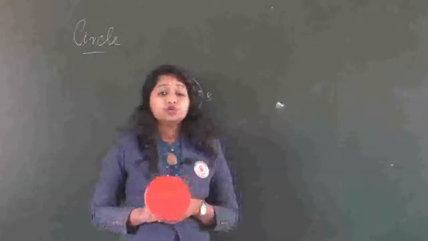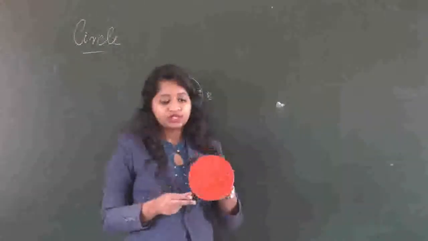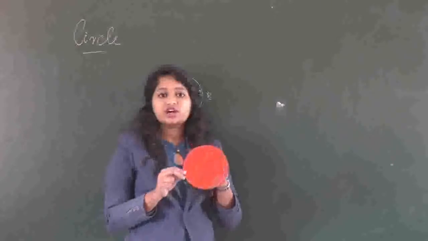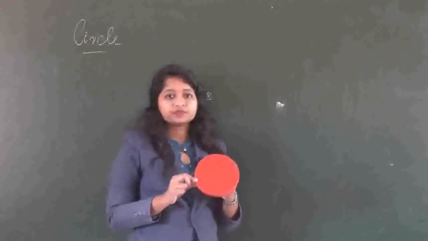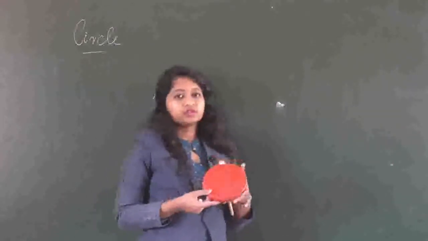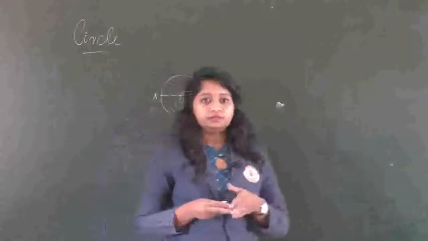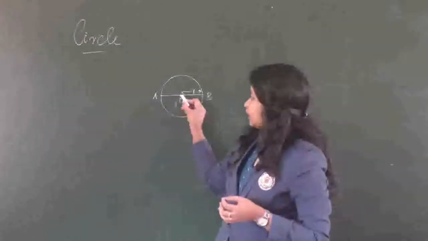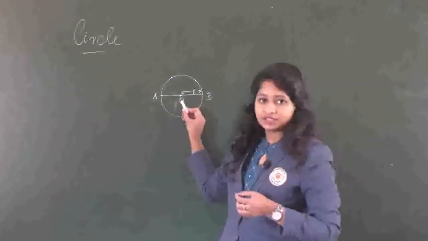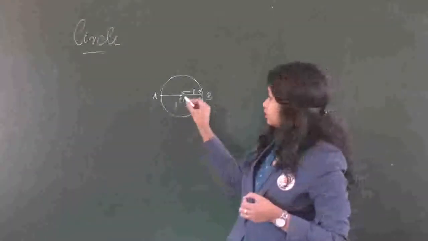Next, let us move on to circle. You know that a circle is round in shape, isn't it? So, what all can we find in a circle? We have a center for a circle.